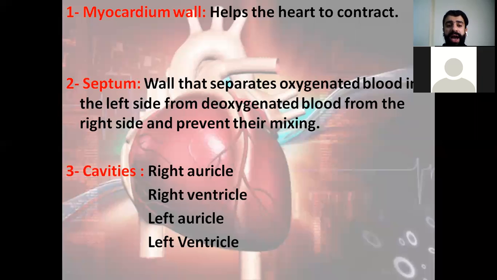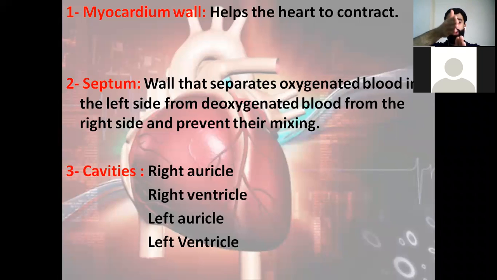Second, we have what is known as the septum. The septum is like a wall of separation. It separates the left part of the heart from the right part of the heart. What is the function of the septum?